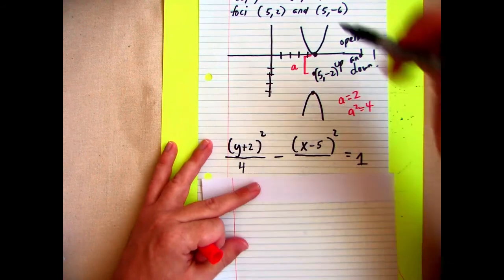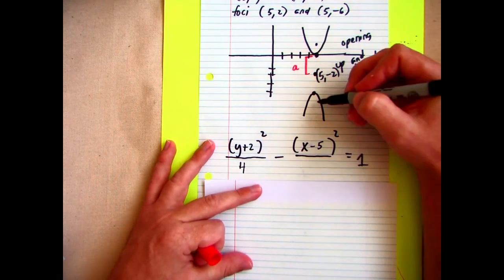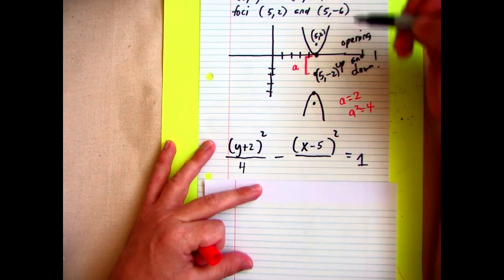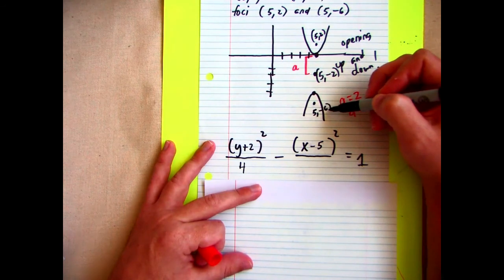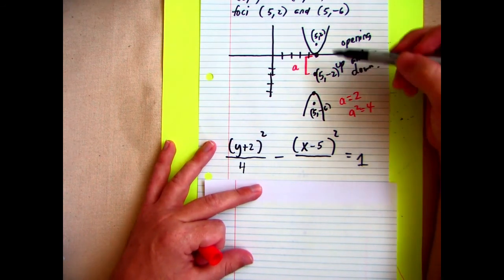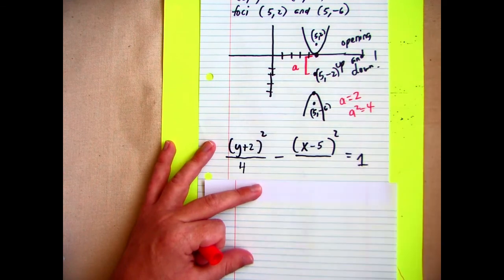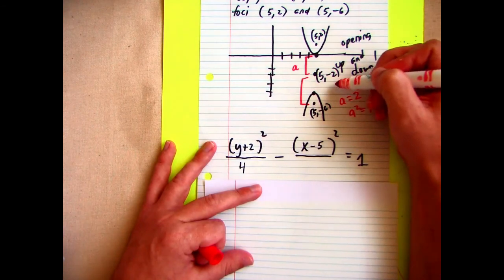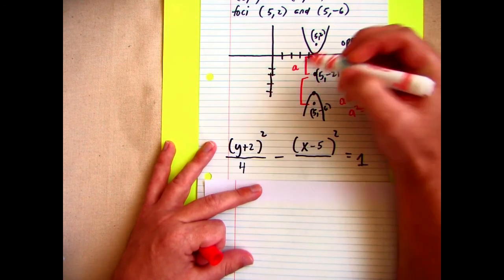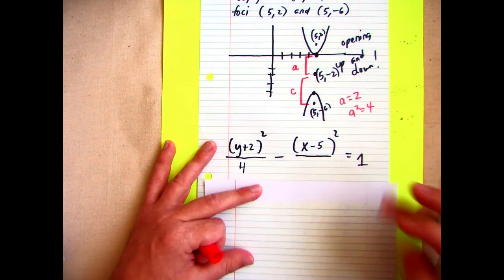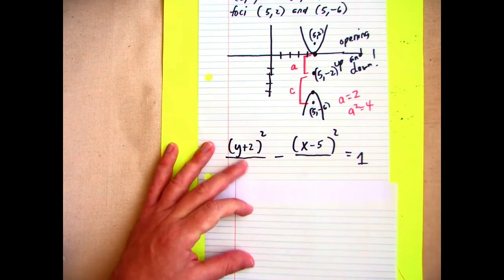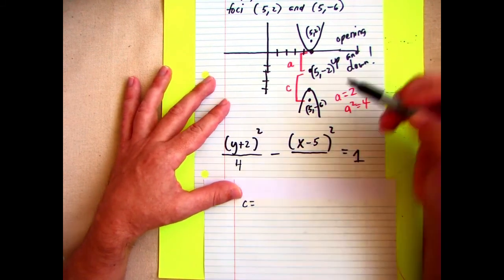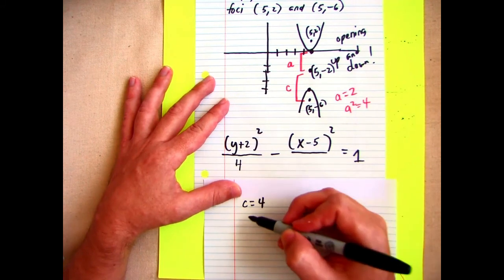To get b squared, it's a little bit trickier. We're going to want to know what c is first. I mean, we can get c from the foci. We know that the foci are a c distance from the center. So how far away are the foci from the center? That's going to give us c. Well, based on this picture, based on the information given, we can see that c is 4.